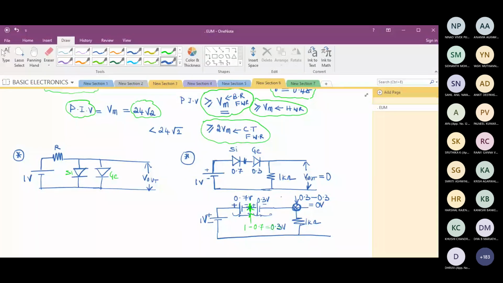So these types of tricky questions you are going to get, and if you want to attempt them, you must not take more than a minute. This will thoroughly test your knowledge of whether you have followed diodes or not.